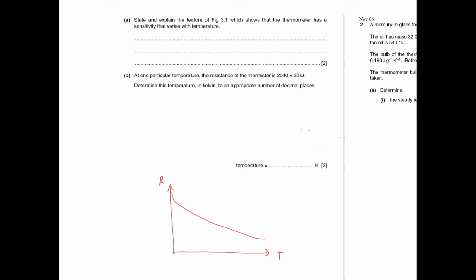So what is that? What is the sensitivity here? It is actually the gradient. As you can see, the gradient is big, small, smaller, smaller, and smaller. Okay, so the gradient is decreasing along the graph.